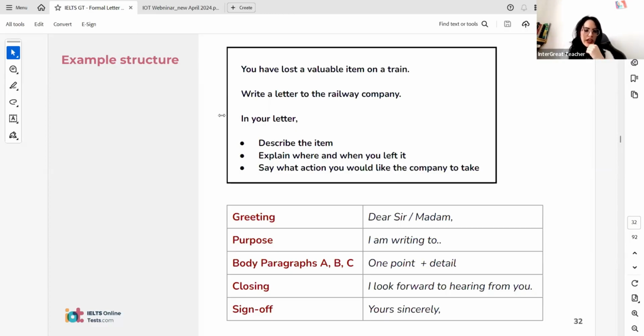Alvin, that's a good point. Usually the rule is that you use yours faithfully with dear sir or madam, yours sincerely when you write the name. However, a lot of times native speakers use sincerely with dear sir or madam.